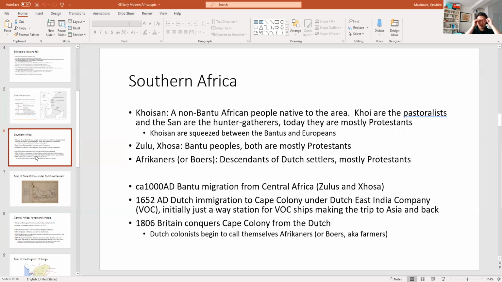Now, the interesting story here in Cape Colony is that the Dutch initially tried to enslave the Khoisan, the locals. But the Khoisan know the land, so when they find out that they've been enslaved and they're not happy about it, they just run away. They know where to go to get the food, they know where to go to get the water. So what do the Dutch do? They get slaves in Southeast Asia, where the Dutch East India Company is also operating, and they bring these Indonesian slaves, Southeast Asian slaves, all the way to Africa.